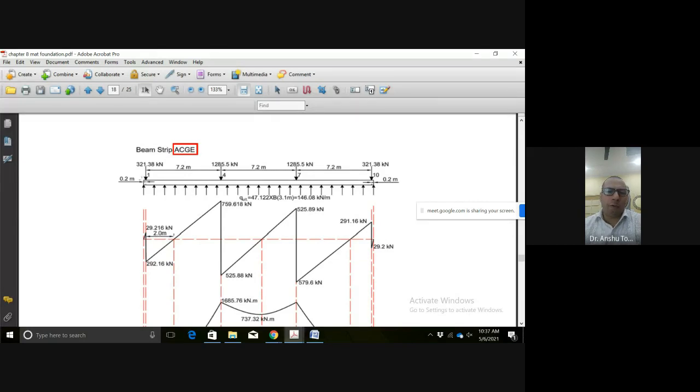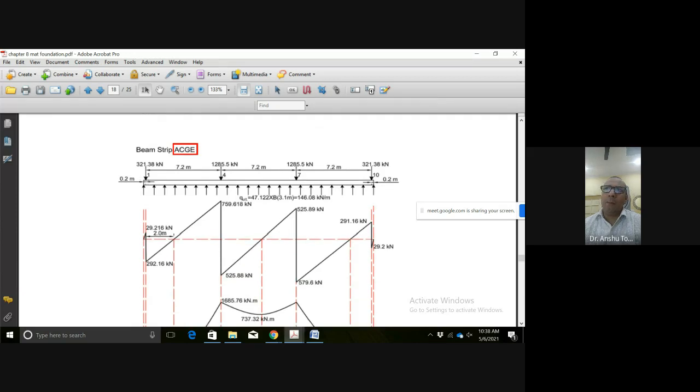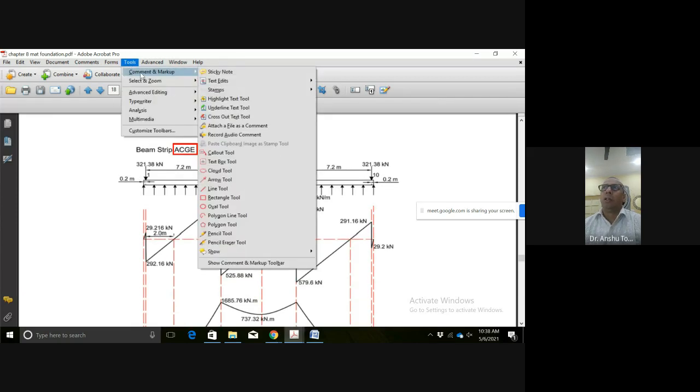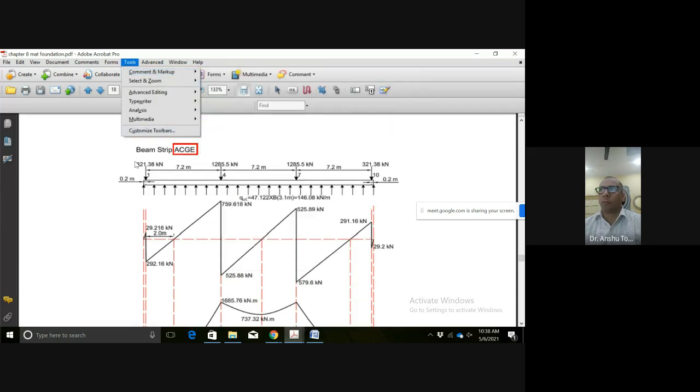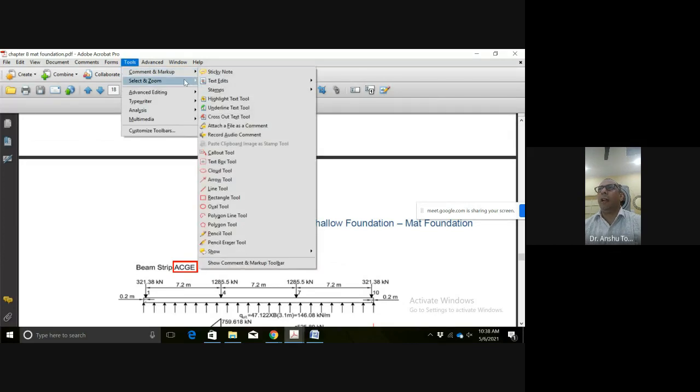Now if I want to find out the shear force, I will be able to easily find out. Okay, let me do it another way.